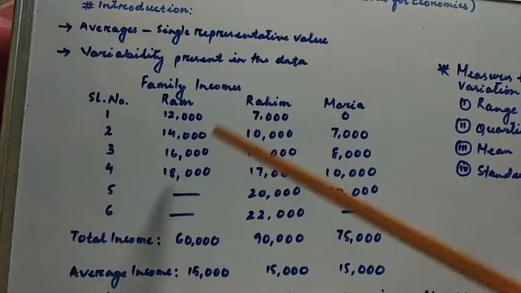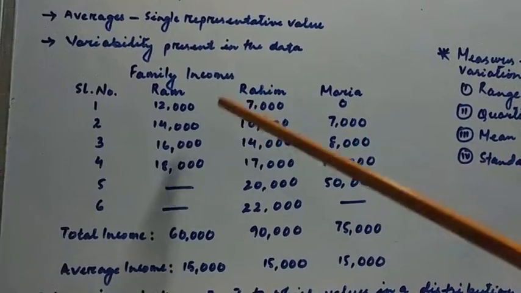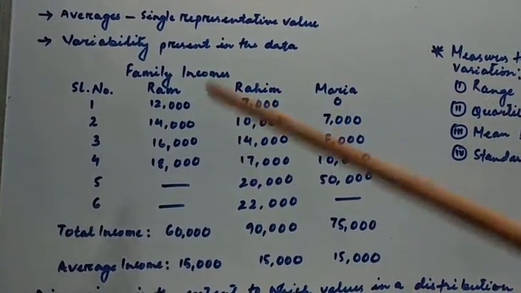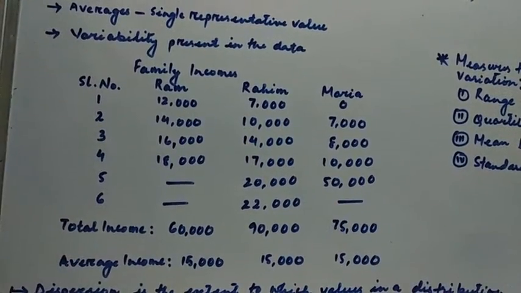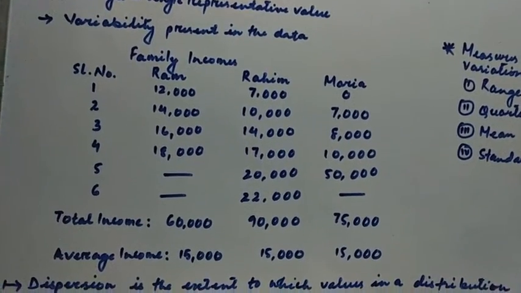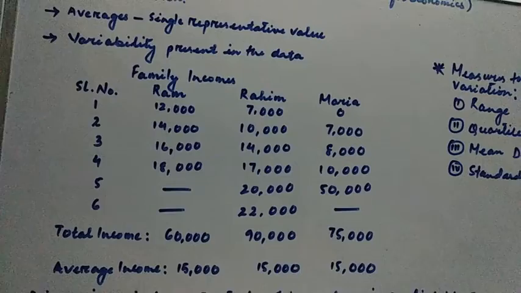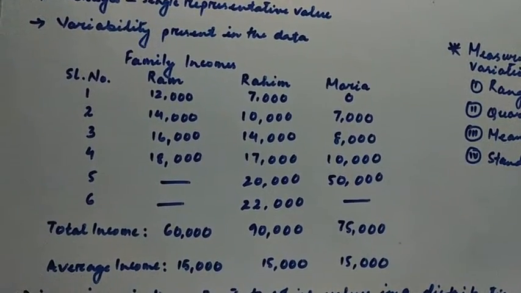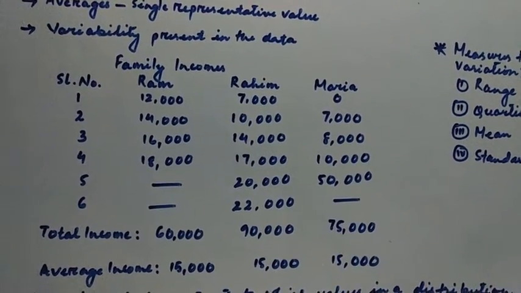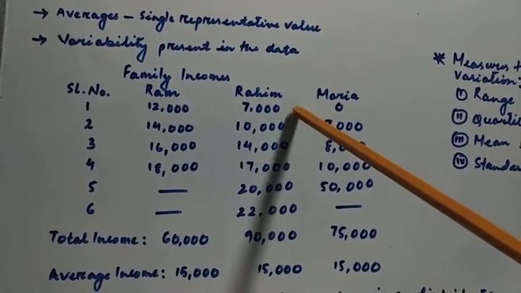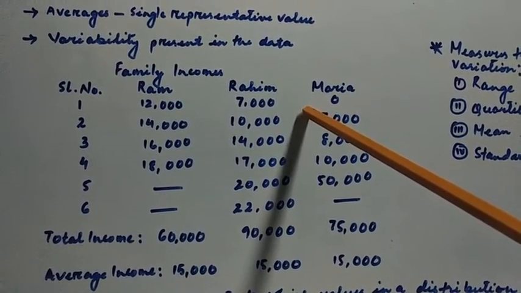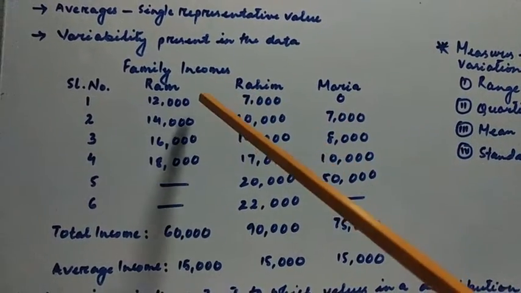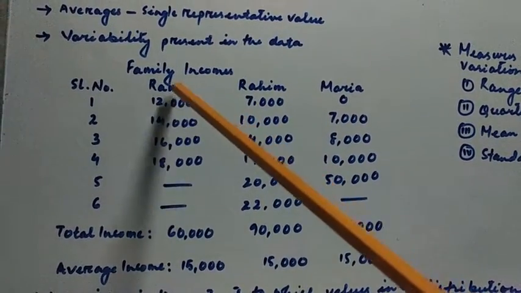Let us examine this given information in detail. Let us say these 3 friends were having a conversation over a cup of tea, and Rahim says something about the average income. Let us first find out the average income of Ram.